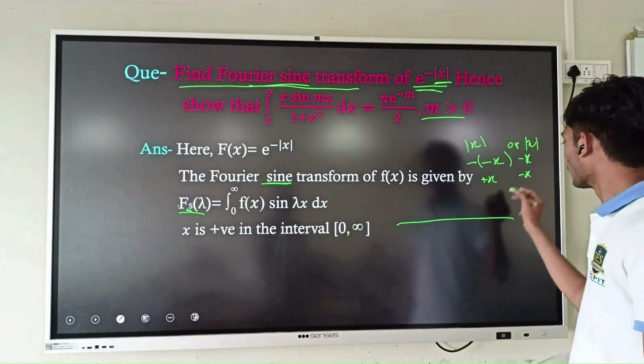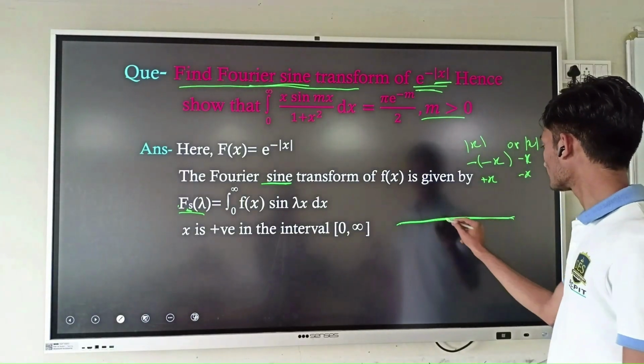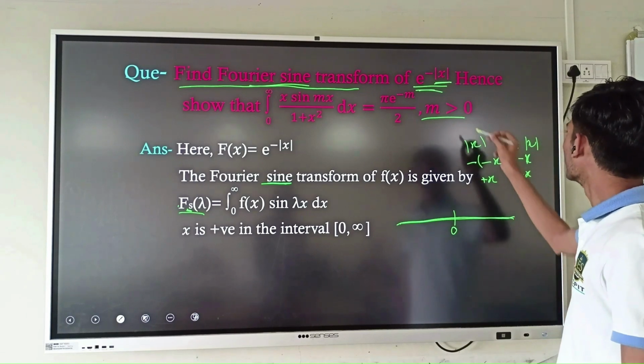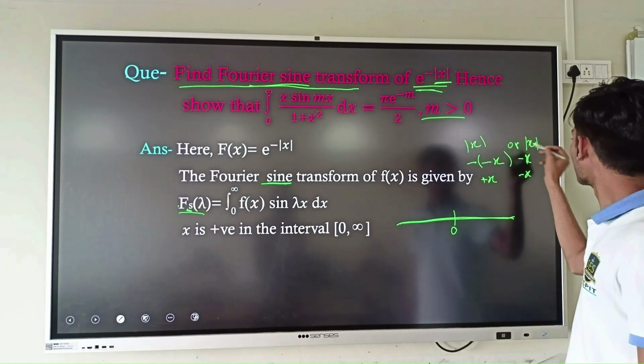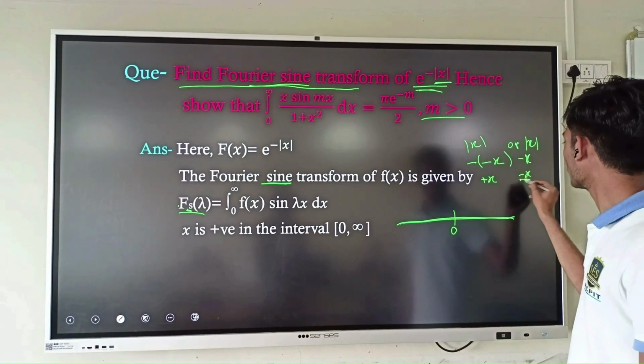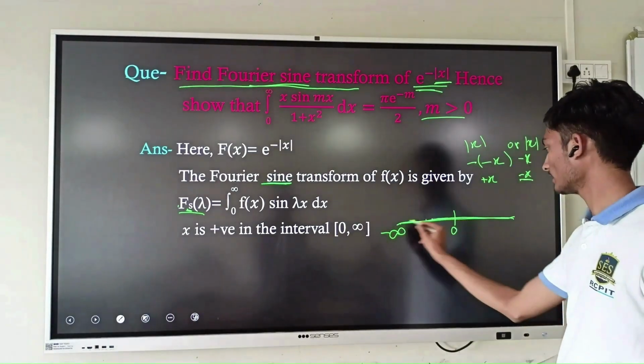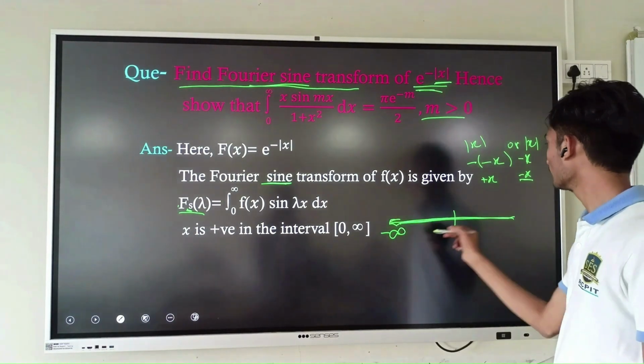So to find its limits, let us consider a number line where here is 0. If our x is positive, then after getting it out, it becomes minus, so it goes in this direction towards minus infinity.